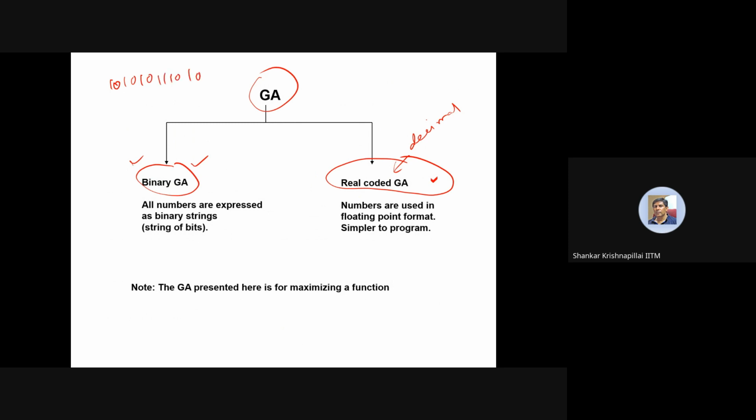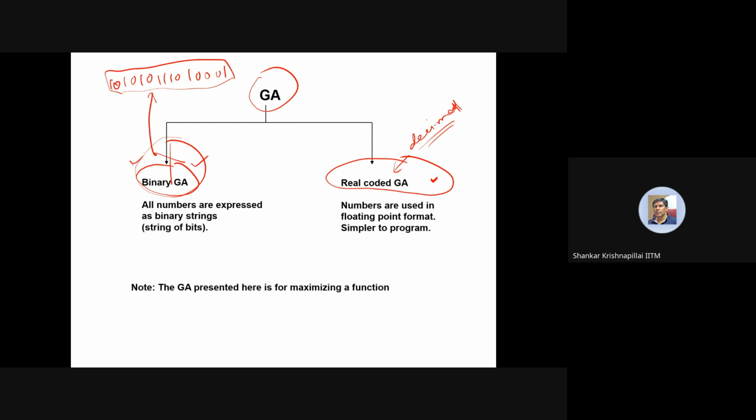This looks like human chromosomes. Because of the resemblance, people thought that numbers have to be converted to bit strings. But later people found that it is not required to do these unnecessary binary operations, and you can get the same result by using numbers in decimal form.